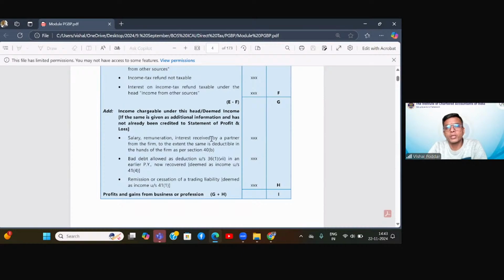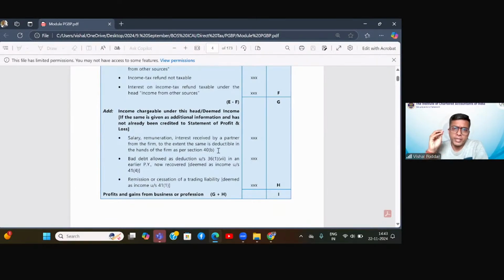Now, salary remuneration interest received by a partner from the firm to the extent the same is deductible in the hands of the firm. Now, this is from the perspective of partner. When we read 40 clause B, it is from the perspective of the firm as to when and how much it will be allowed deduction. Now, once the firm is allowed deduction of interest remuneration, the same interest remuneration becomes income of the partner under the head PGBP.